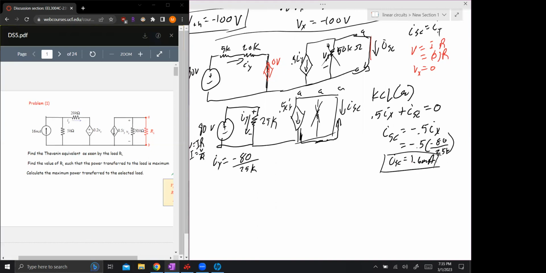So it's taking that negative sign and putting it in front, because the 25 is positive. We know that resistance can't be negative. So it's basically negative 80 in parentheses, divided by 25K. That's basically why it's negative.